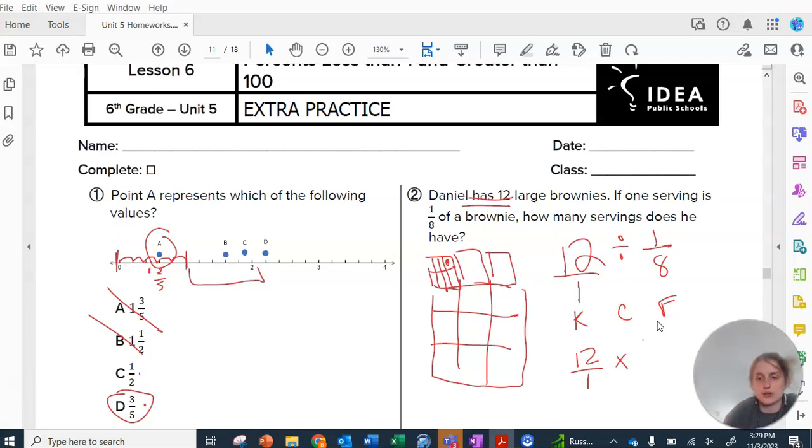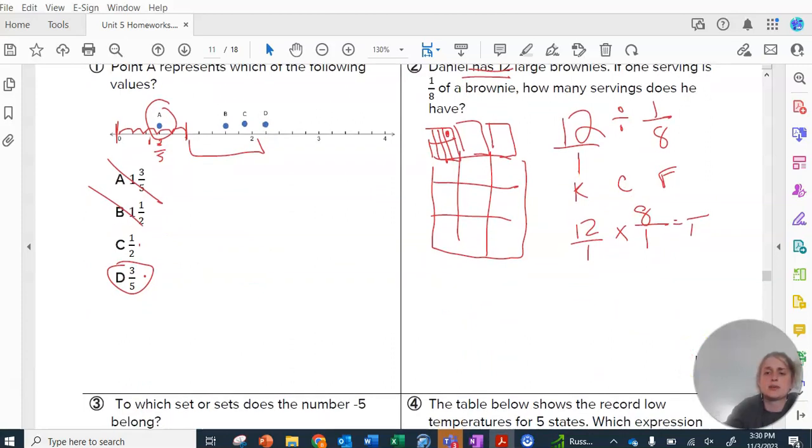Now it's 8 and 1. Now we just multiply. 12 times 8, oh dear, is going to be our numerator. 1 times 1 is 1, that's our denominator. When we have a denominator of 1, that's really just saying we have a whole number. So whatever this number is, you can drop the over 1 part. That is your final answer for how many servings you'll have.